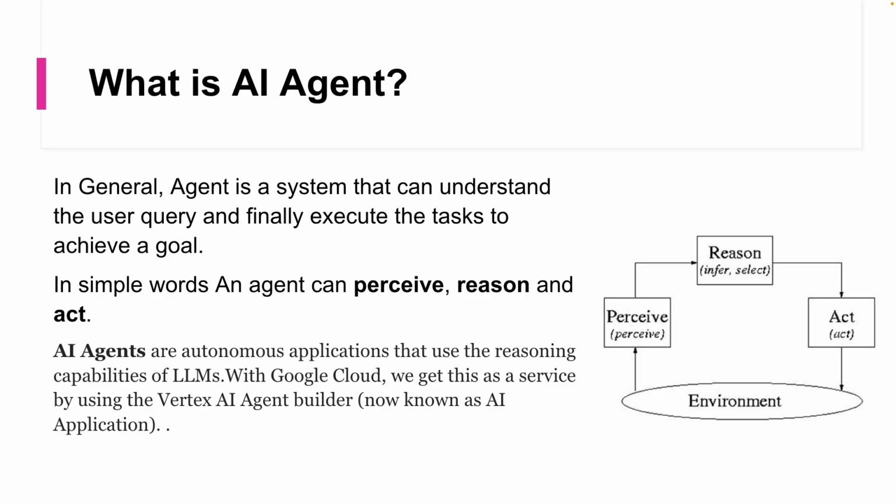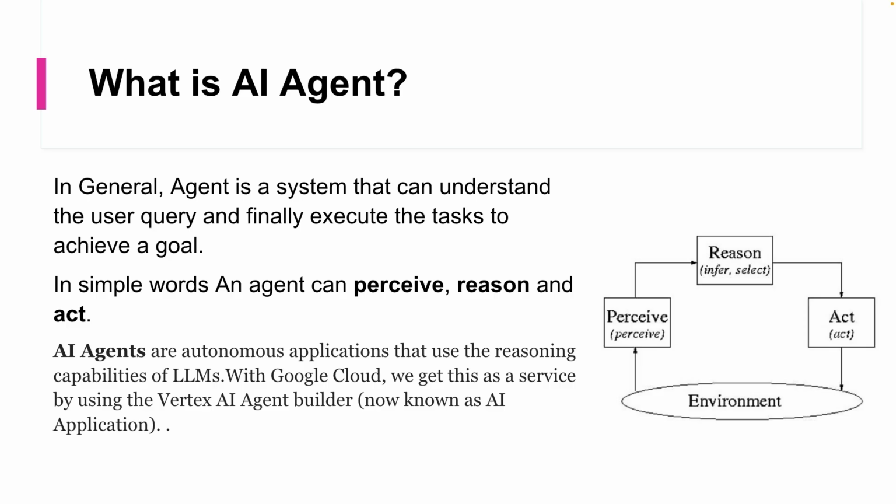This is where AI agents come into the picture with large language models. The key action of the agent is to perceive, which means understand the user input, then reason, which means make the decision, and act means execute the actions.